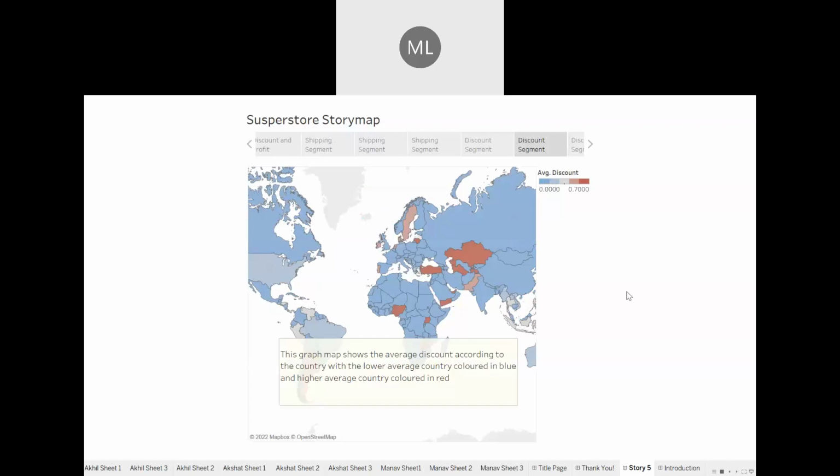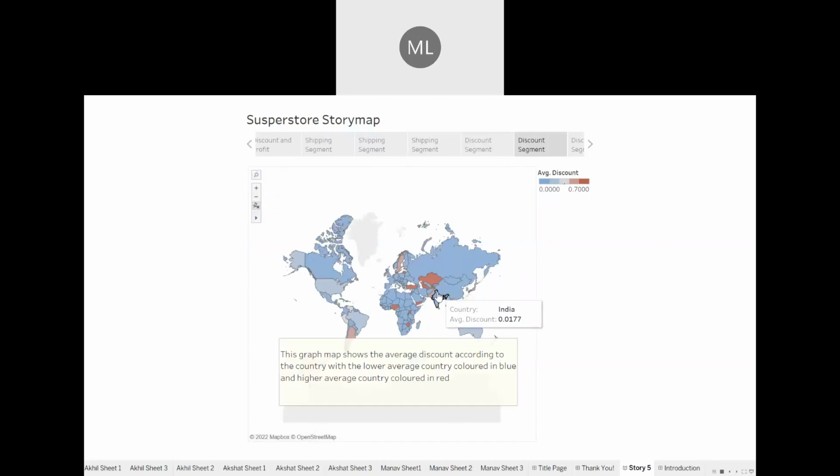So this graph shows the average discount according to the country, which country has given how much discount. So you can clearly see that there are many different countries over here. The countries marked in blue have the lowest discount, and the countries marked in red have the highest discount.